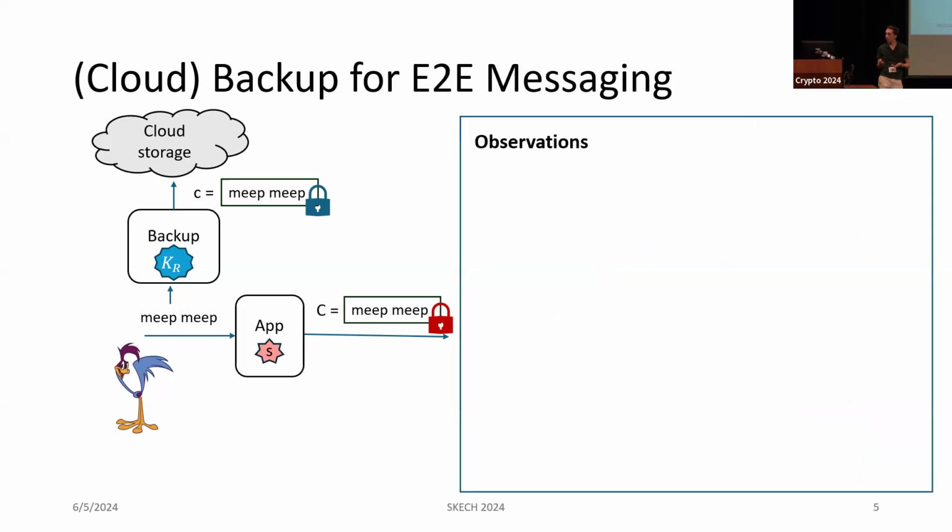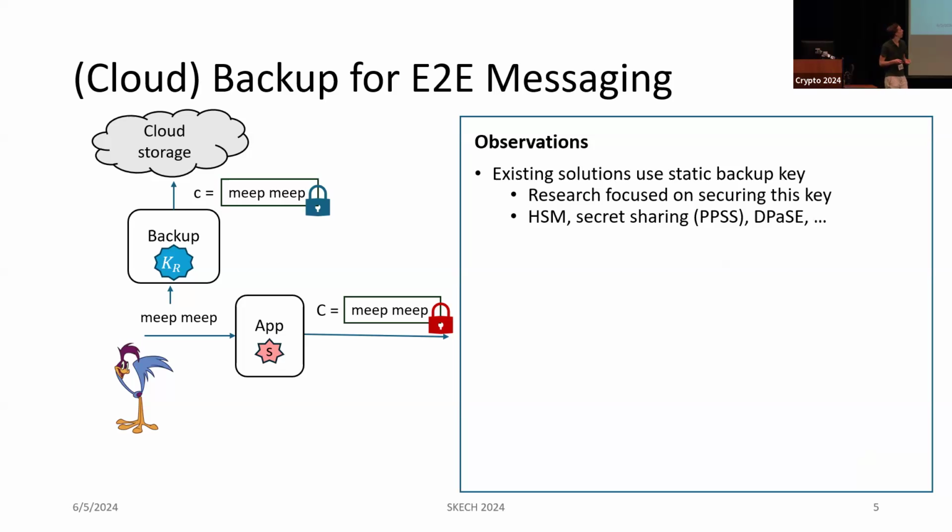Now, some observations. Well, first, most of the existing solutions use as this backup secret just some kind of static secret key. So in some sense, this encryption of the plaintext for the backup is just a trivial AEAD. You use a secret key and then you call it a day, and somehow the academic research focuses mostly on, okay, but how would you actually remember that static secret key in case you lose your phone?